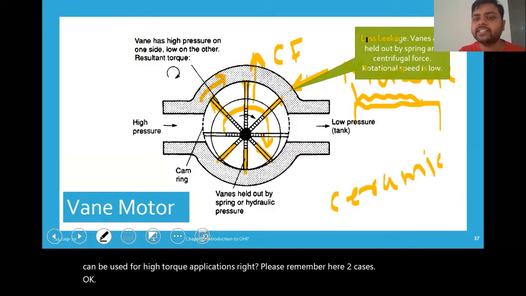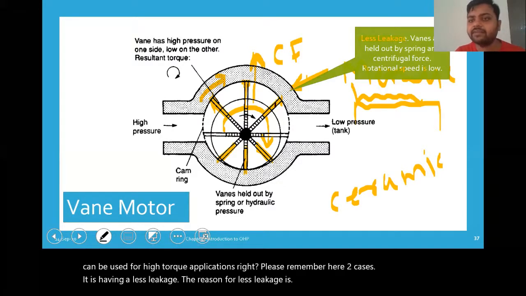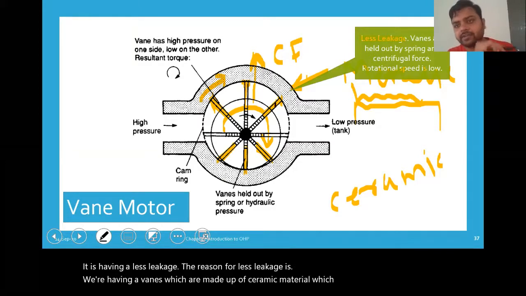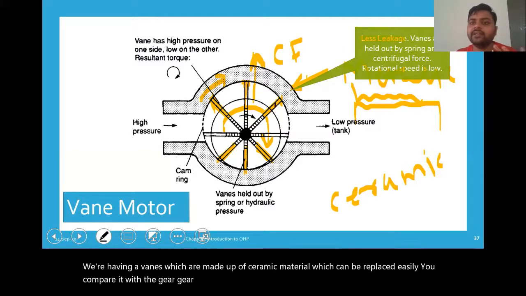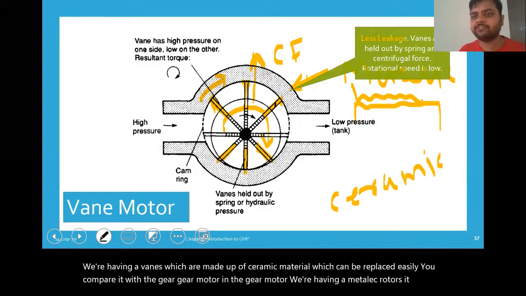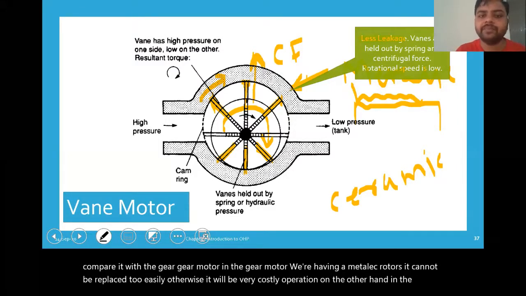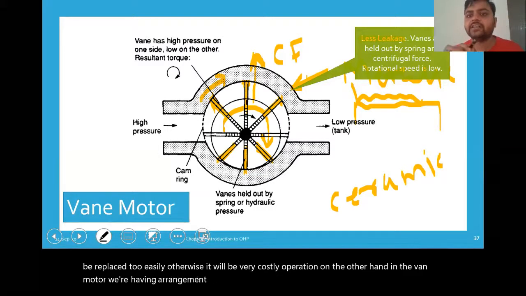Please remember here two cases. It is having less leakage. The reason for less leakage is that we are having vanes made up of ceramic material which can be replaced easily. Compare it with the gear motor. In the gear motor, we are having metallic rotors, which cannot be replaced so easily, otherwise it will be a very costly operation. On the other hand, in the vane motor, we have an arrangement in which the leakage is very less.